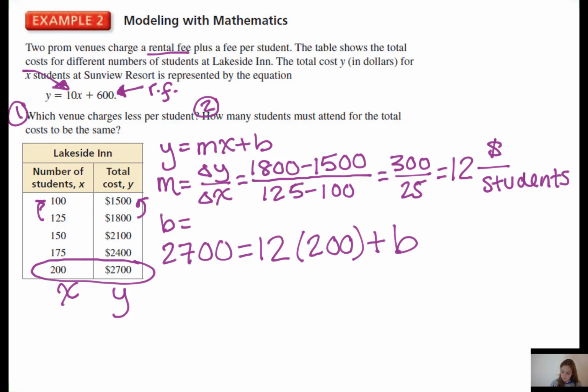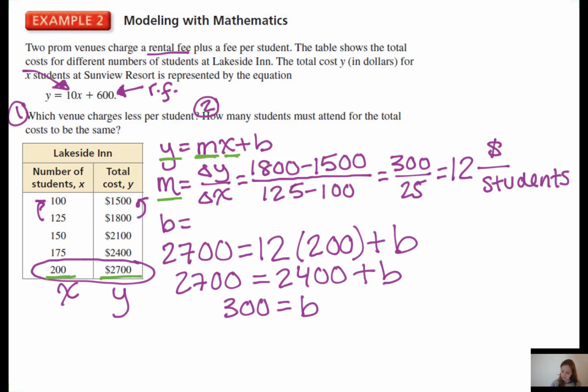I got my m value from my calculation, the x value from the ordered pair I chose in the table, and the y value from the table. So now I have 2,700 equals 2,400 plus b, 300 equals b, and I have the equation finally for Lakeside Inn: y equals 12x plus 300.